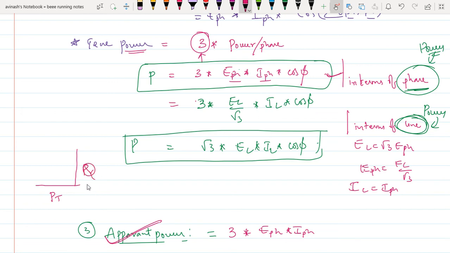Reactive power is generally represented by Q. Then this is the apparent power, which is always denoted by capital S. This true power is 3 into V phase into I phase into cos phi. Then the reactive power is represented by 3 into V phase into I phase into sin phi.